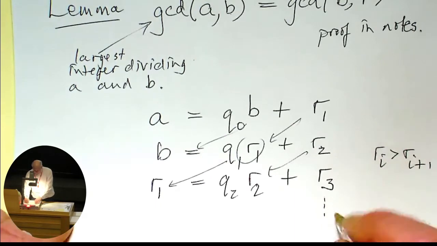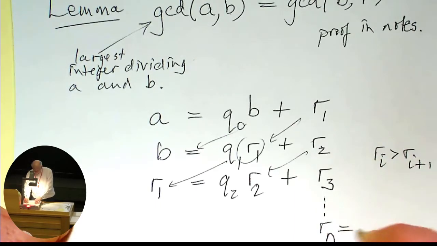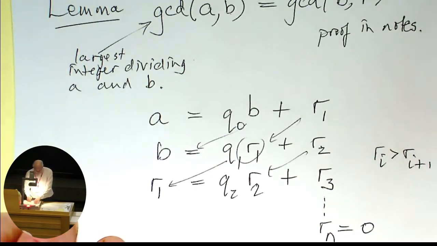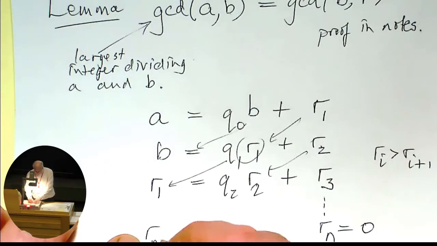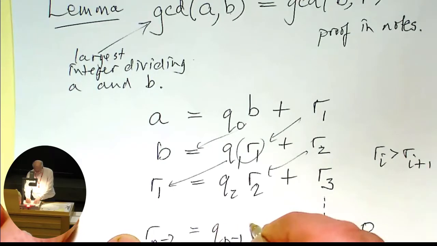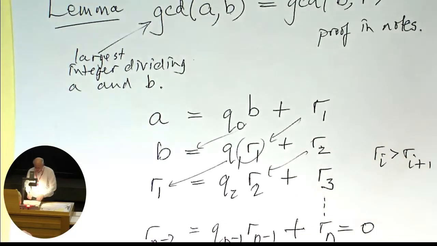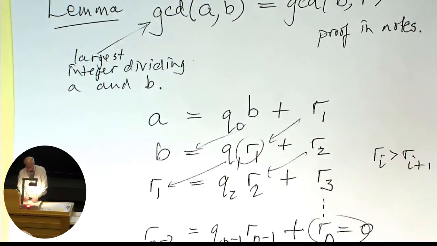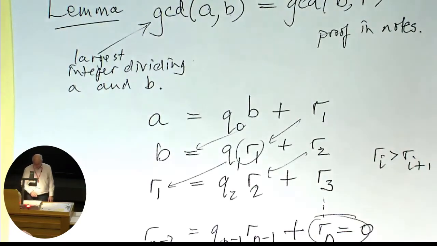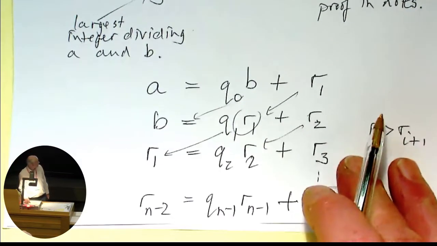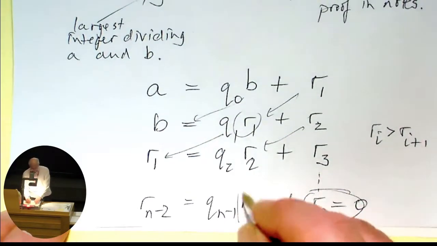So at some point I'll have rn, which is 0, and then I'll have r(n-2) equal to q r(n-1) plus the last term, which is now 0. And the greatest common divisor will be this number here.